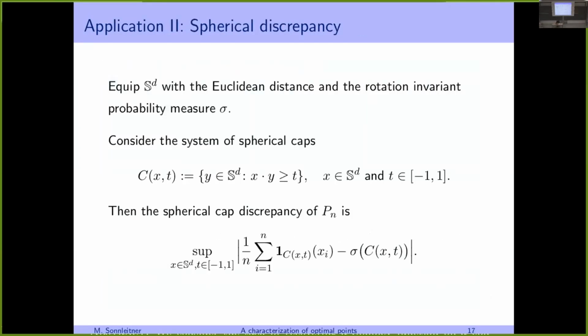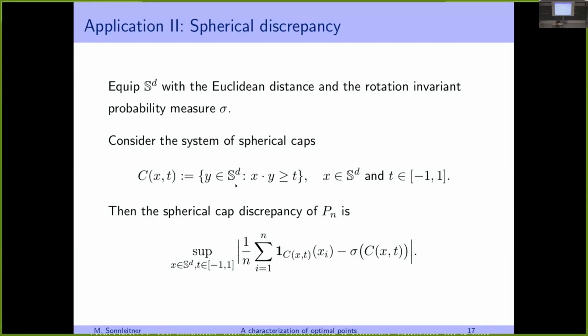Now, I want to talk about the second application, namely on the spherical discrepancy. Let me introduce some related notions. So now we consider the Euclidean distance on the sphere, and again, the rotation invariant measure sigma. And on the sphere, one commonly uses the system of spherical caps defined here.